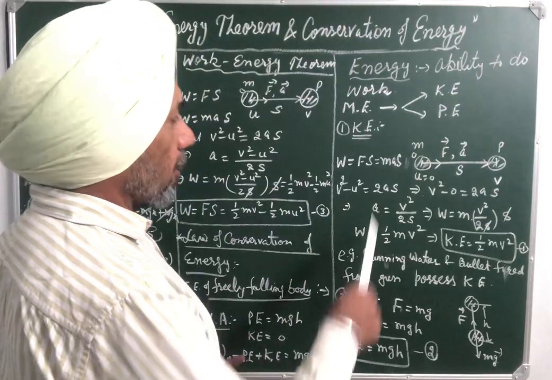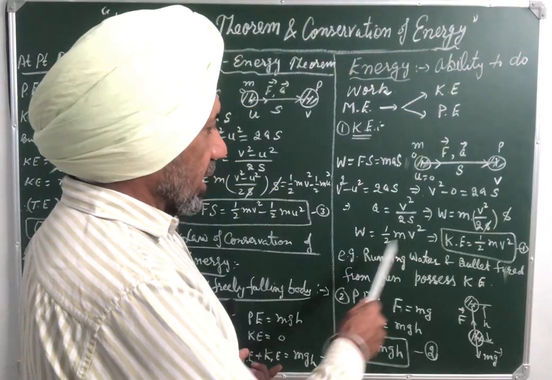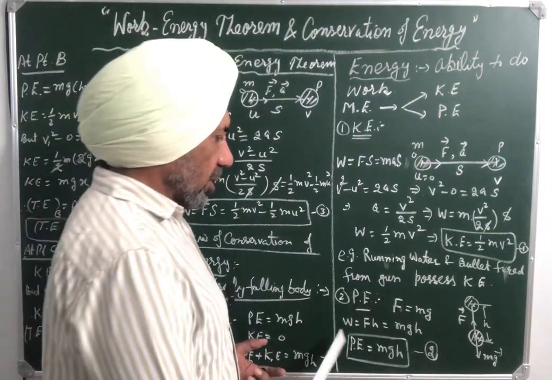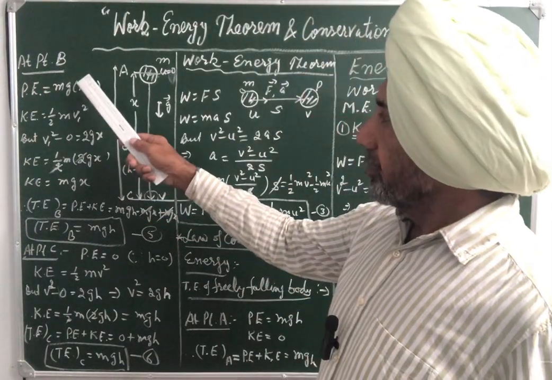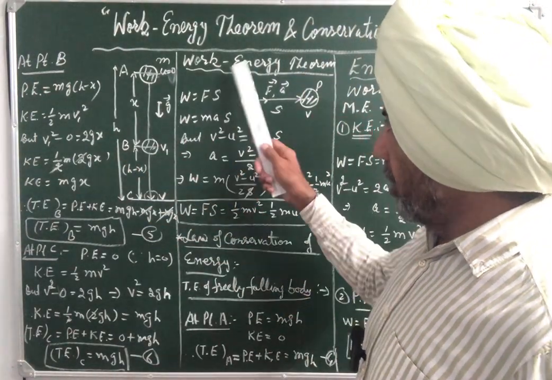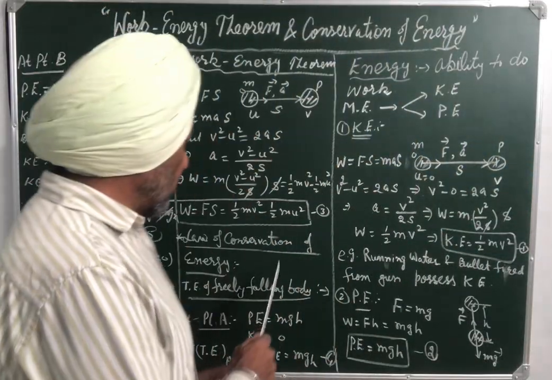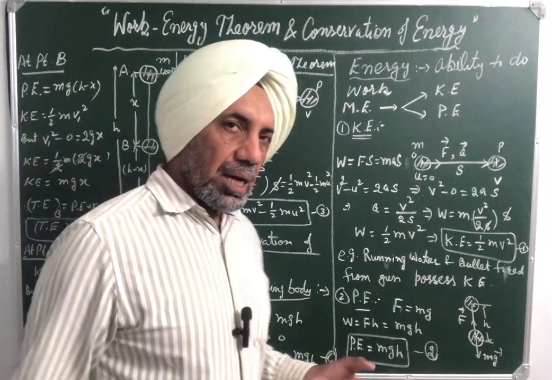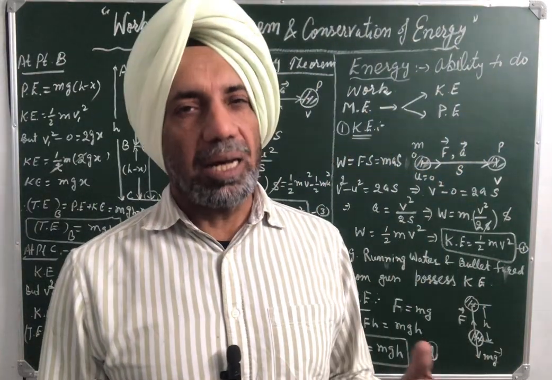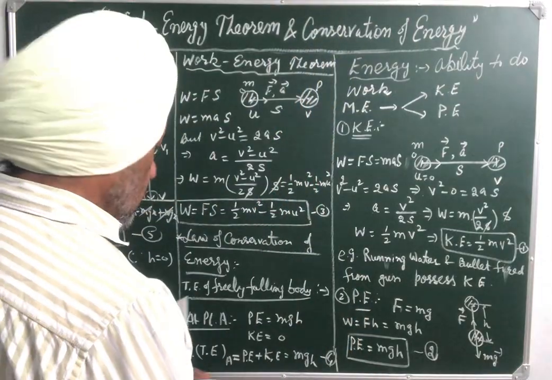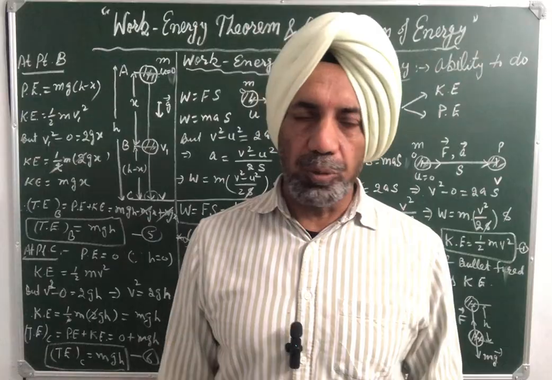So this is all about kinetic energy, potential energy, the expression for kinetic energy half m v square, the expression for potential energy mgh, and the work energy theorem. Work done is equal to change in kinetic energy of the body. Then the law of conservation of energy: energy can neither be created nor destroyed, but it can be changed from one form to another form. And the energy of a freely falling body is always constant. This we have proved.